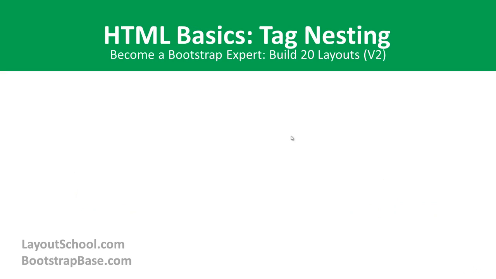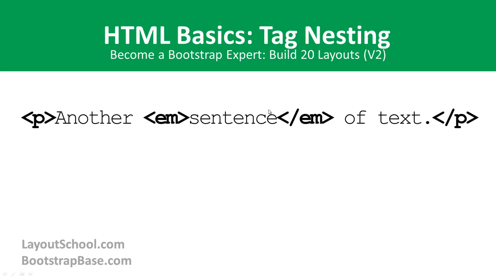And now we'll discuss tag nesting. So you can nest tags inside other tags. The most important thing to remember is to close the nested tag before the closing of the parent tag.